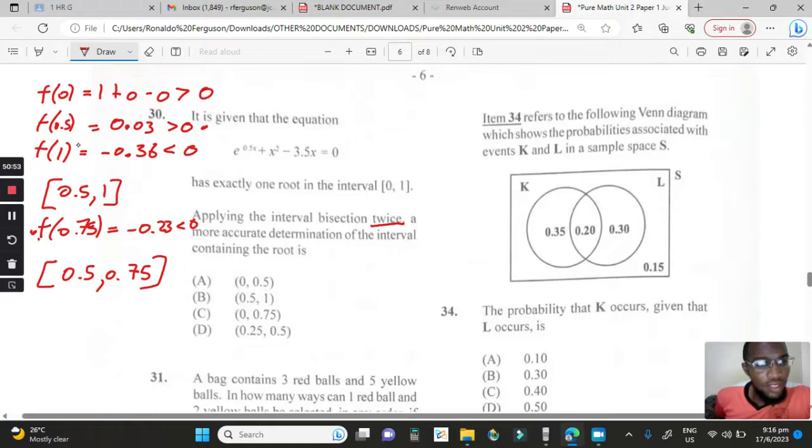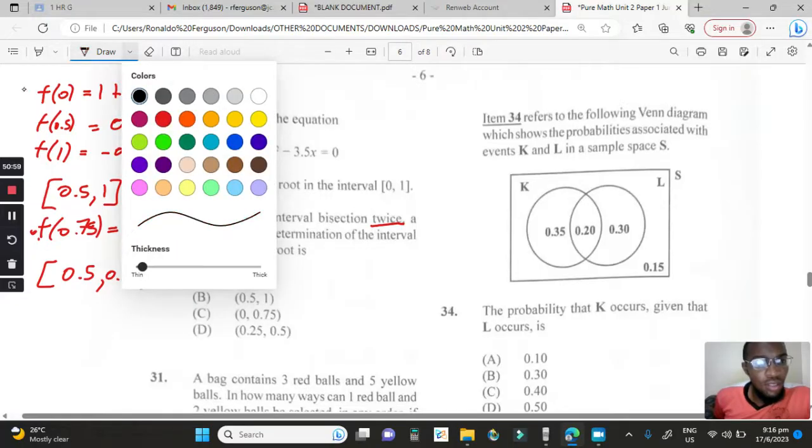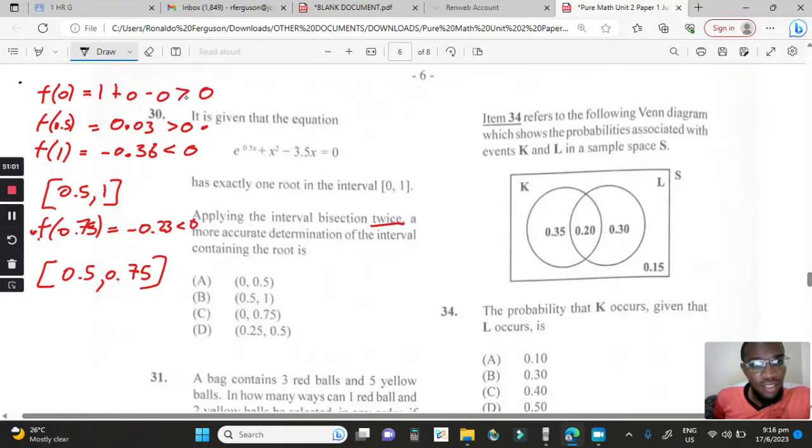Alright, we did our bisection twice. The first bisection gave us 0.5 and 1. Or do they count 0.5 as a bisection?